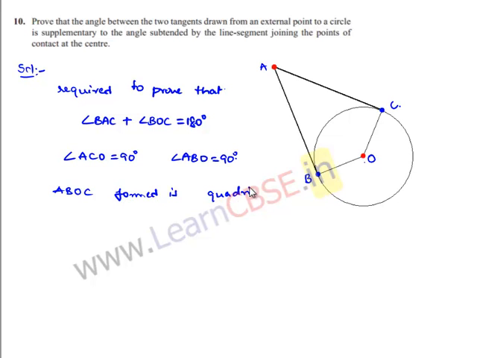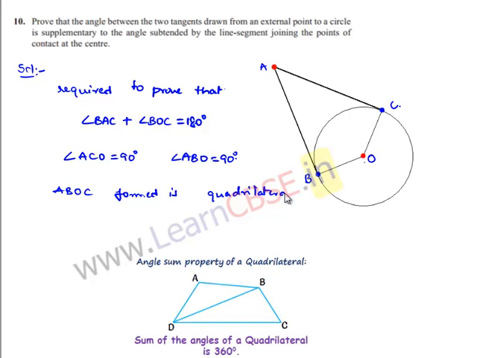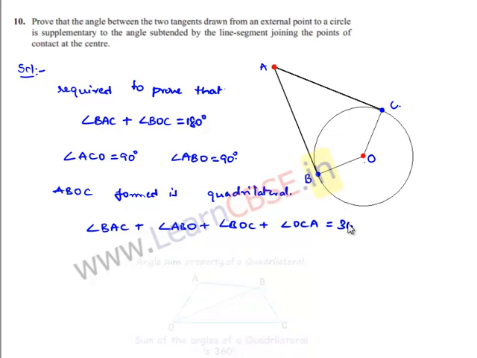We know the sum of angles in a quadrilateral is equal to 360 degrees. So angle BAC plus angle ABO plus angle BOC plus angle OCA is equal to 360 degrees.